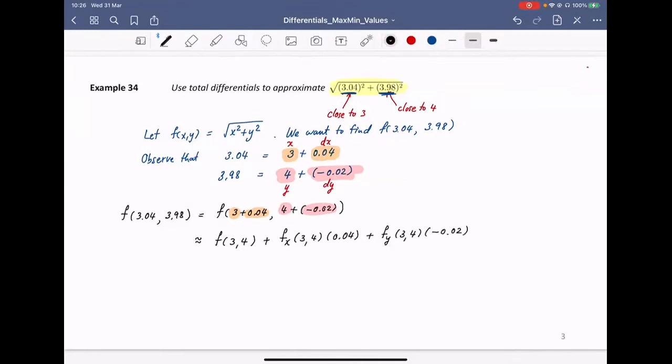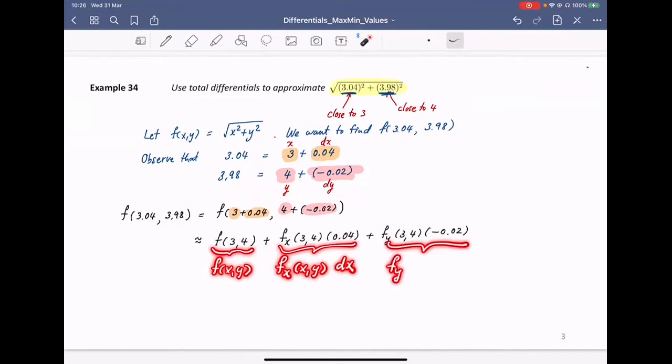So if you have a hard time to memorize or follow me, you can see that this is my x, this is my dx, this is my y, this is my dy. So what I get at the end is f(x, y), and then f subscript x at (x, y) times dx, and then f subscript y at (x, y) times dy.